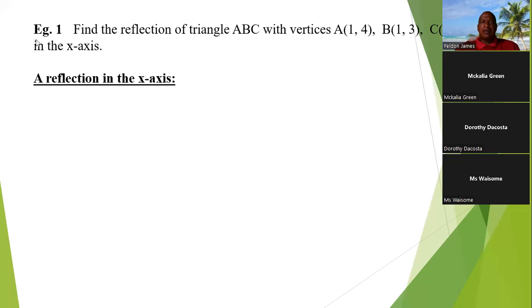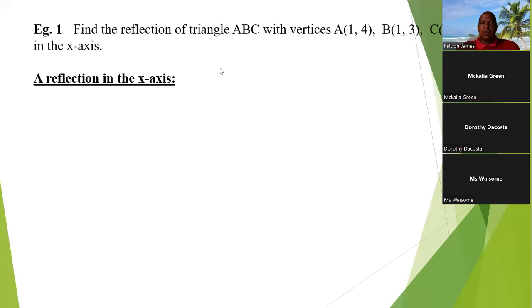Now, if you look at this question here, it says find the reflection of triangle ABC with vertices A (1, 4), B (1, 3), and C (4, 3). So these would be your vertices of the triangle, where the sides meet.